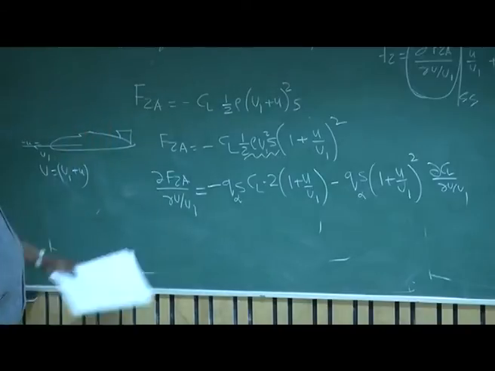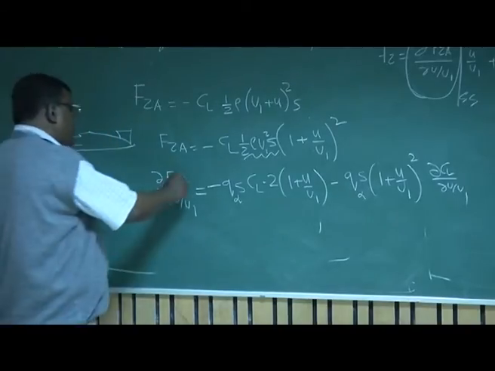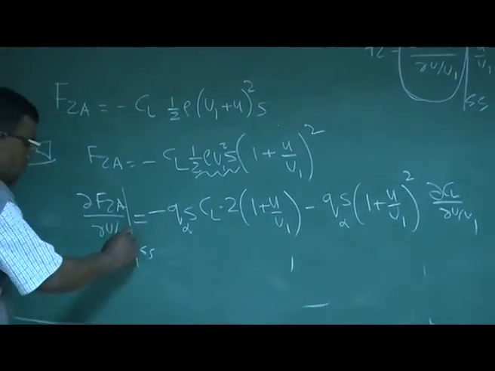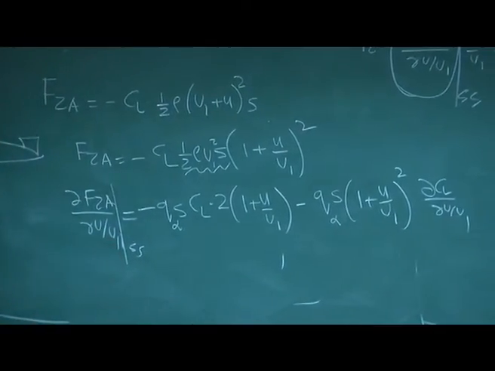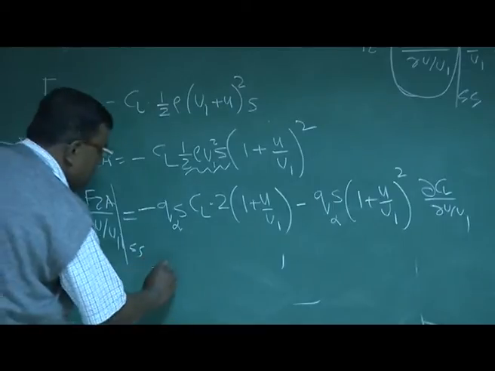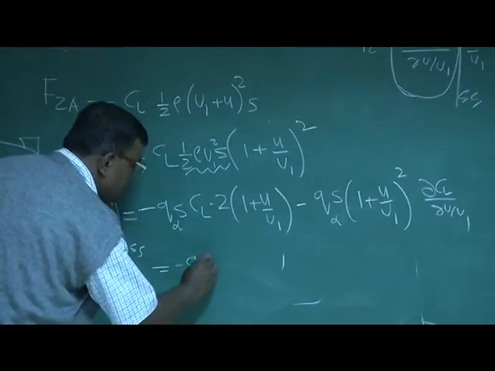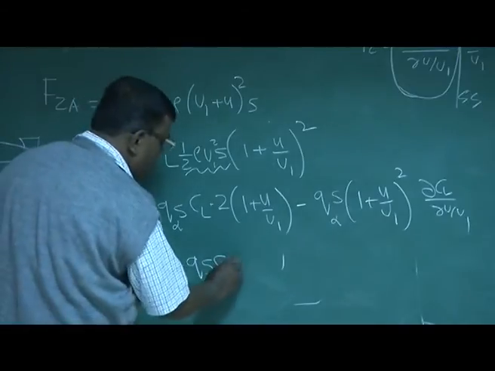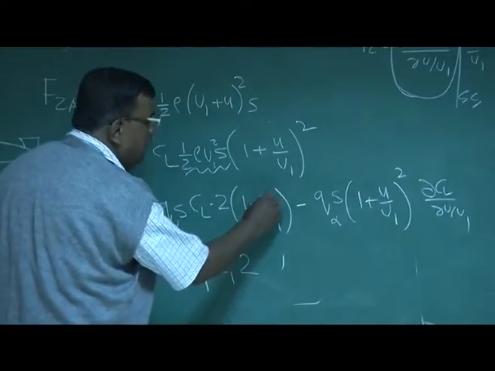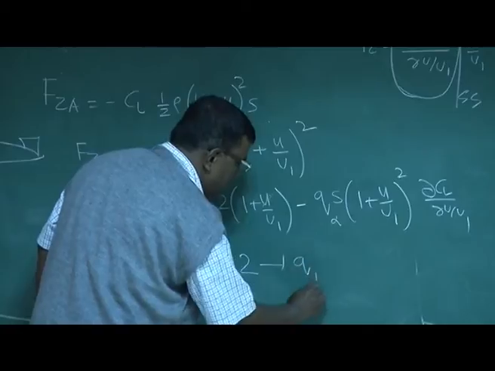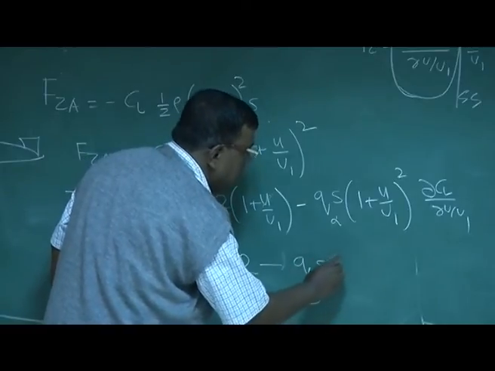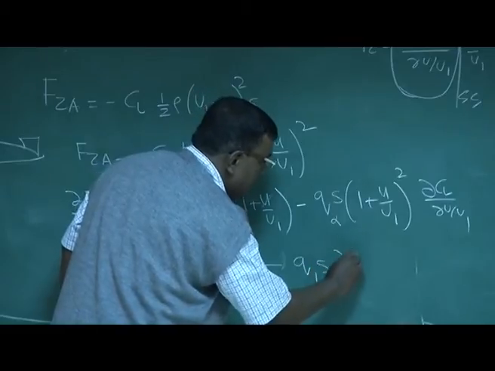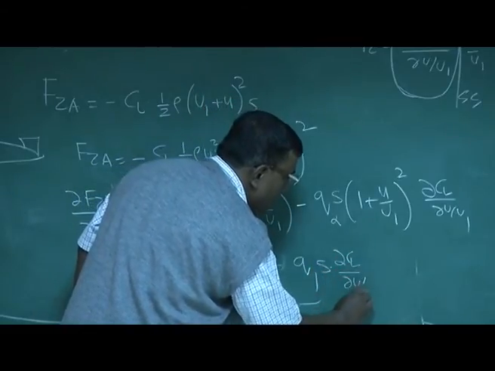No objection? Now I put the condition at steady state. When I say steady state, it means the perturbed quantity should be 0. So this becomes minus Q1 S Cl1 into 2, and this term will become 0. So minus Q1 S into dCl by d(u by U1).